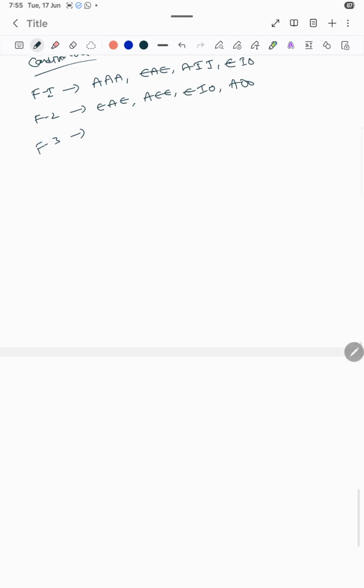And in figure 3 we consider IAI. If you see, all the first terms are I here. Next AII, then what is the subcontrary for O?